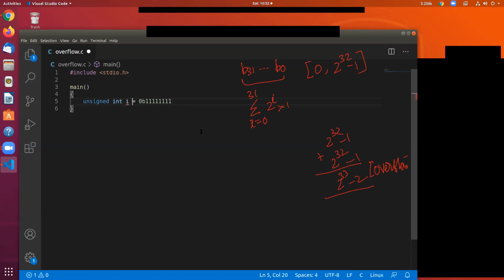So I'm assigning 32 bits, and all the bits are 1.